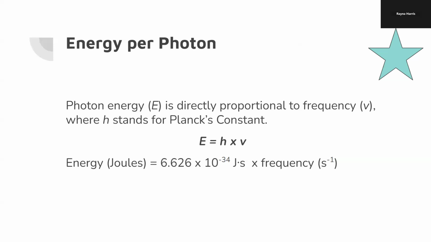These are now our new formulas, and look out for problems that ask you to use both of these equations to solve for one of the variables. The big indicator that you need two equations is that they have some variable in common. Both of these have frequency in common.